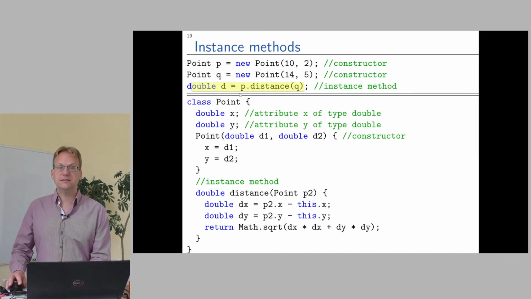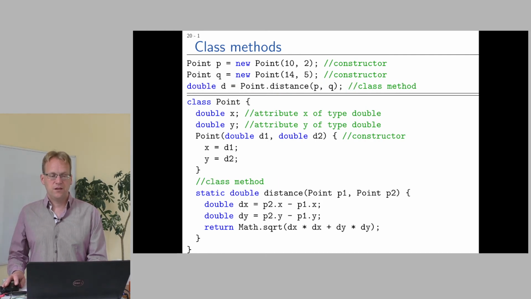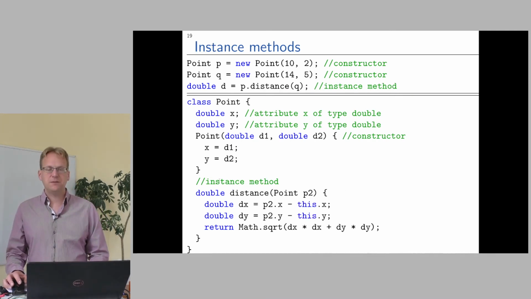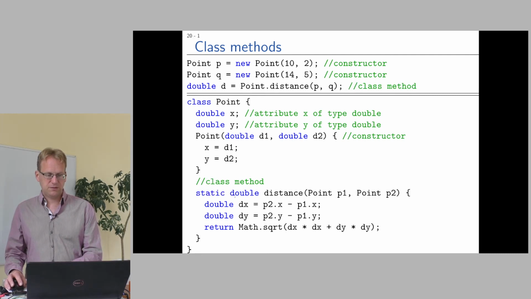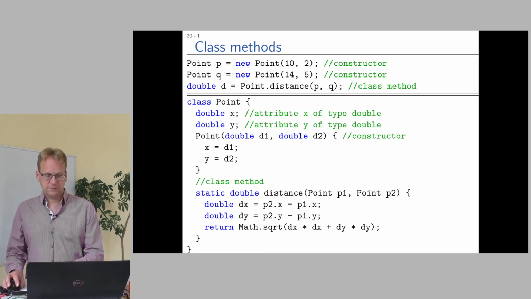For the instance method, I'm asking the point P to compute the distance to Q. For the class method, I'm asking the class Point to compute the distance between P and Q. Well, but when we implement the method, there's also a difference. First of all, the return type is double. That's the same in both cases. The name of the method is also the same, distance.